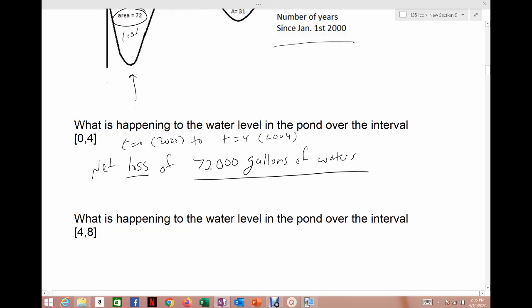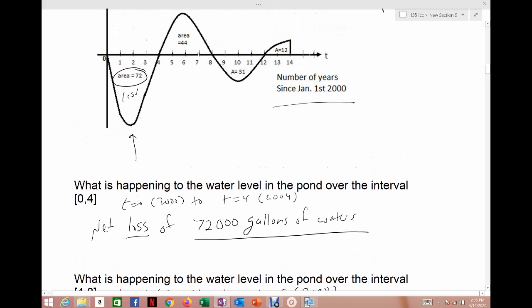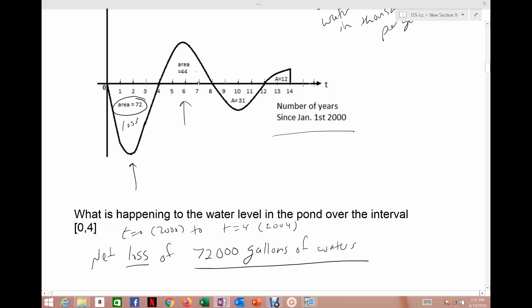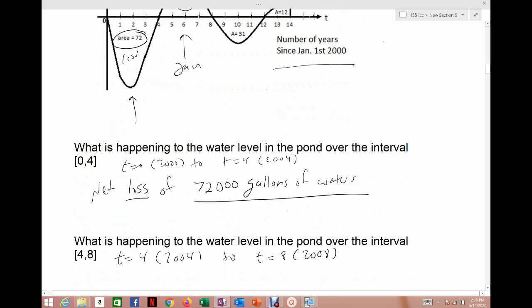All right, so 2004, right? 2 times 8, which would be 2008. All right, so the next set, so that's here. All right, well, now there's a gain, right? This is a gain, so it was rainy years. All right, they were adding to the pond level, and so over those 4 years, there was a net gain.